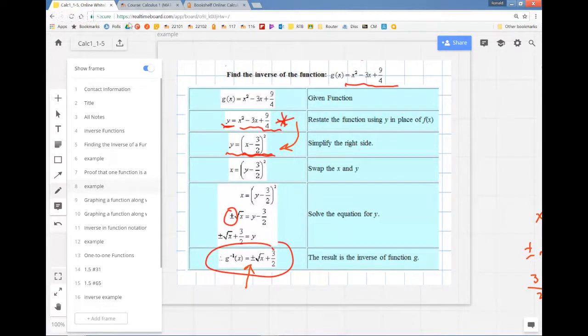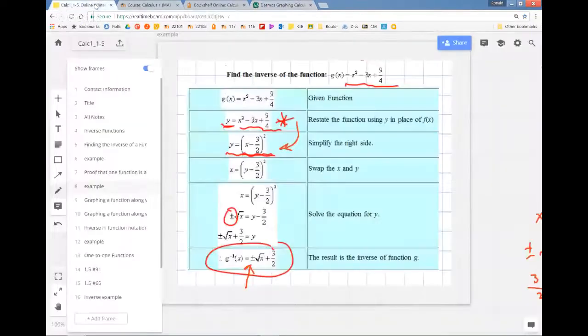So let's take a look at Desmos. And I just have to look back here. What did we have? We have x squared minus 3x plus 9/4.